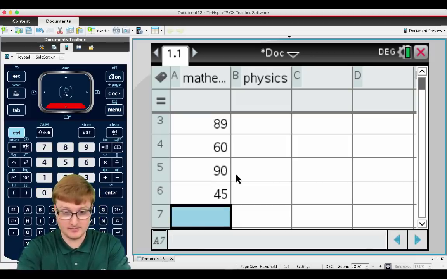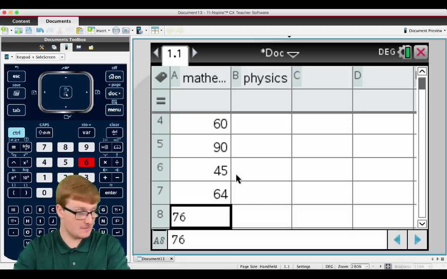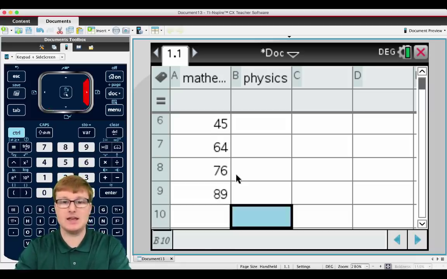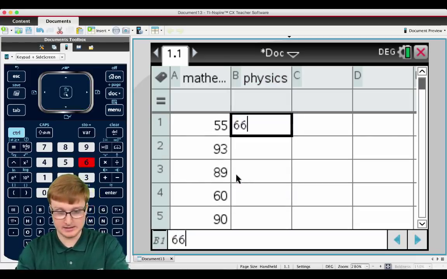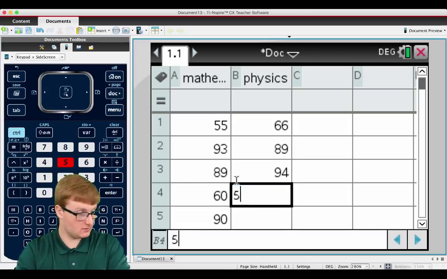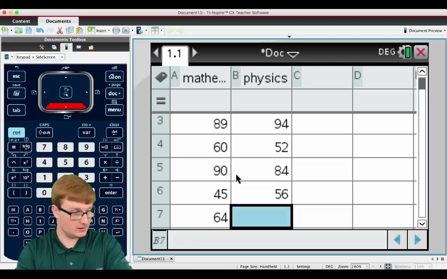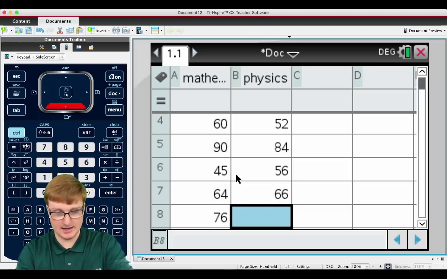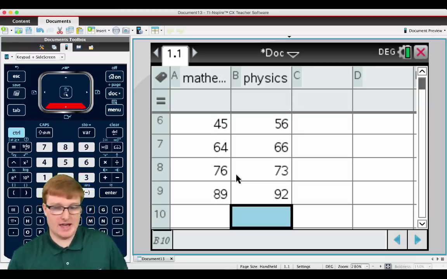Oh boy. 64. I personally would have passed that kid. 76 and 89. And for physics, 66, 89, 94, 52, 84, 56, 66, 73, and 92. Okay, so those are the numbers that we have typed in.